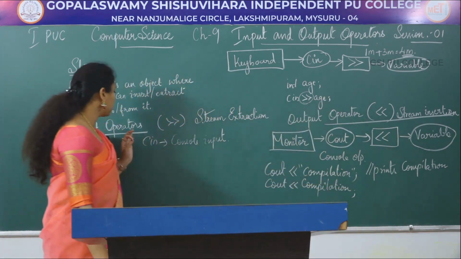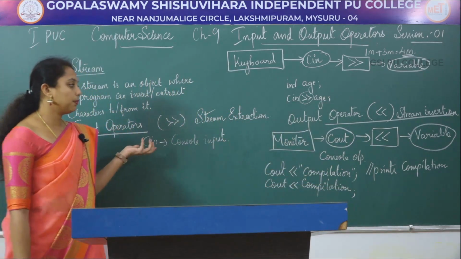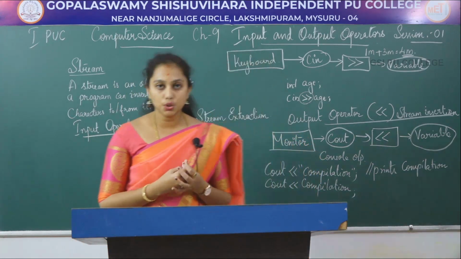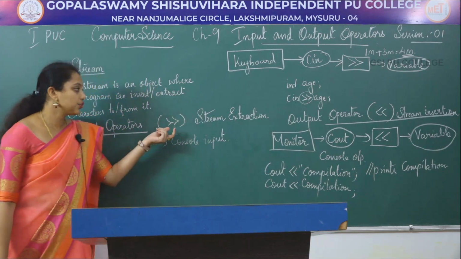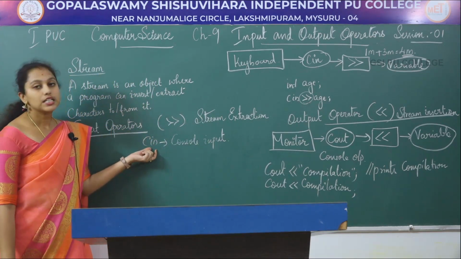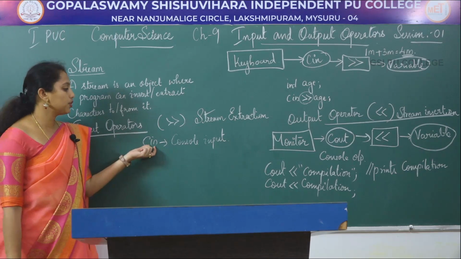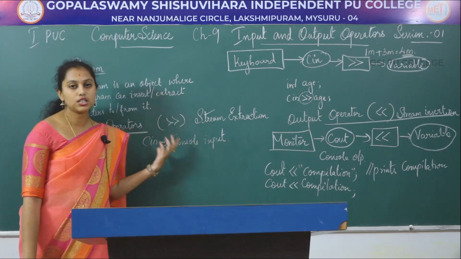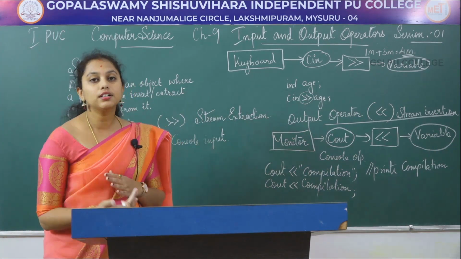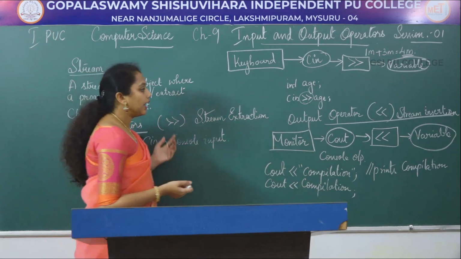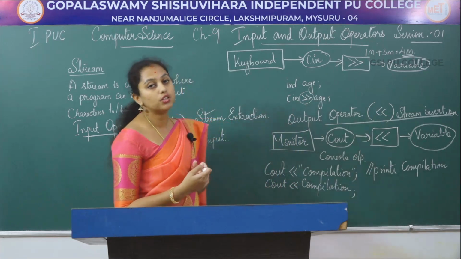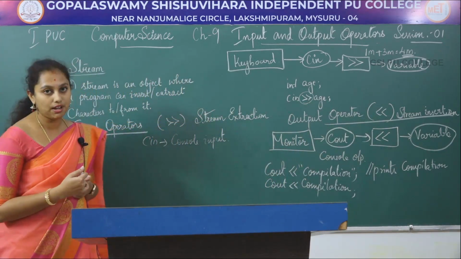So what is an input operator? Input operator is nothing but accepting the data from the user using the stream extraction operator, which is followed by the cin object. cin stands for console input. It is used to accept the data from the standard input device, and the output operator is used to display the data on the standard output device.